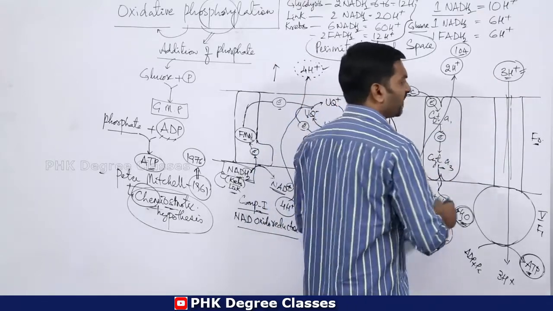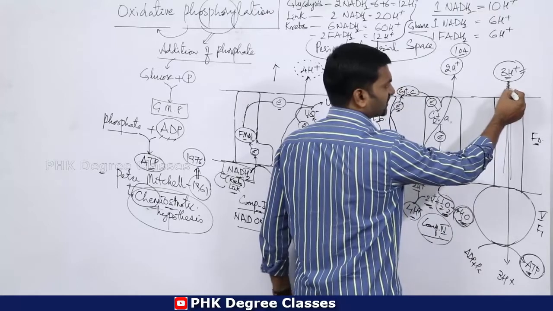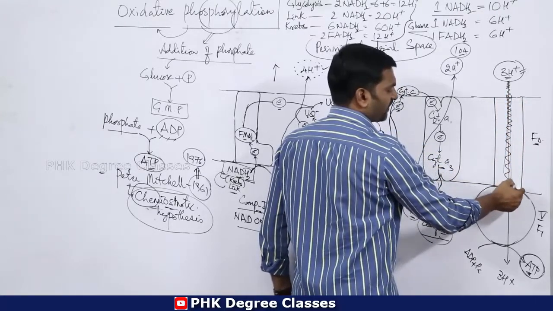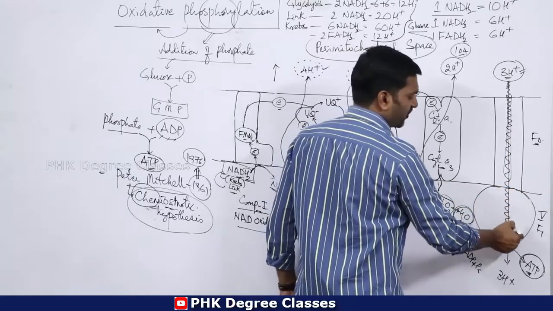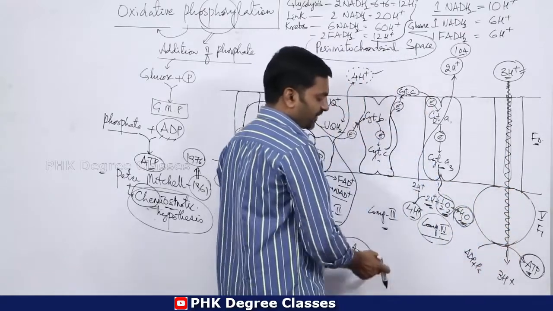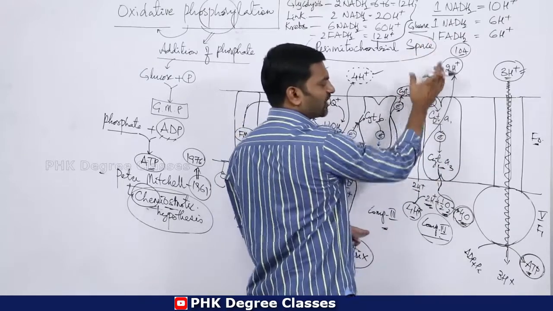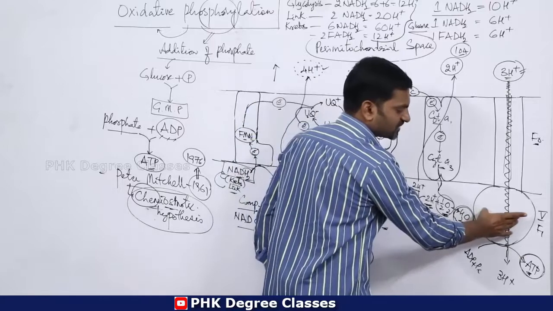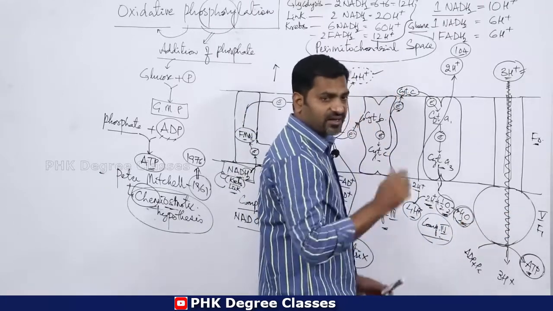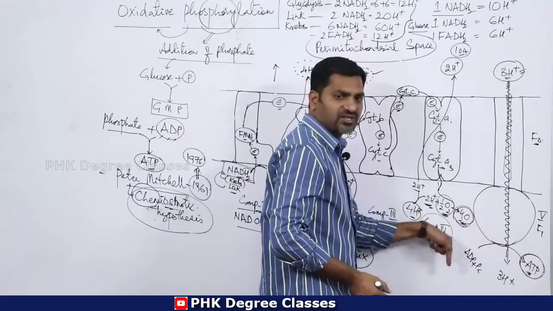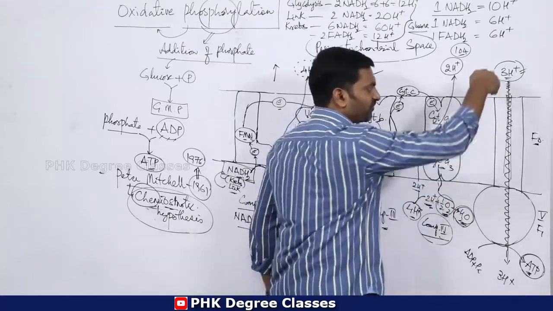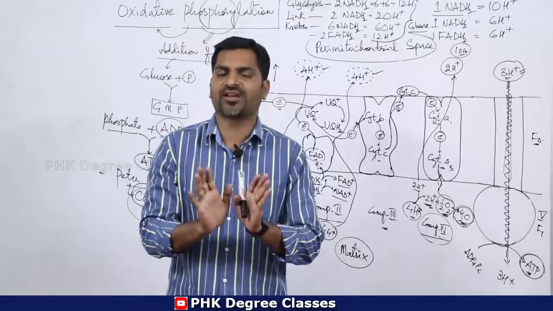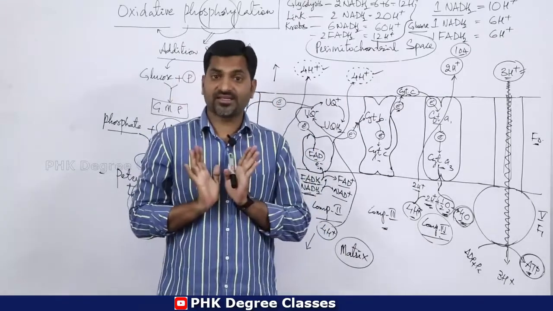For every 3 protons, these 3 protons move through the oxysome, from the perimitochondrial space to the matrix. There is a head portion of the oxysome, which is complex 5, and the head is located towards the matrix of the mitochondria. Whenever the 3 protons move from the perimitochondrial space to the matrix, there is a small pressure.